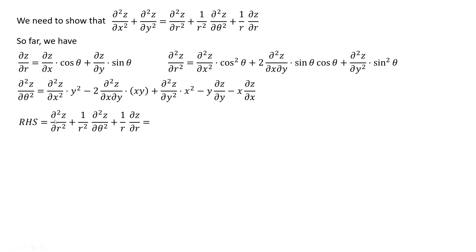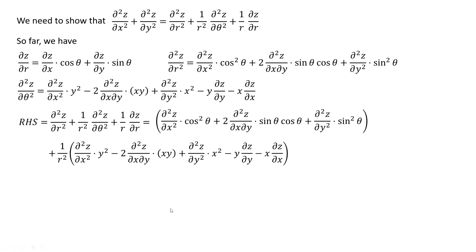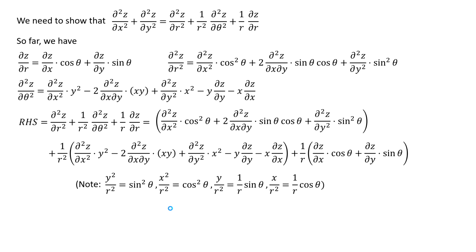So the right hand side, RHS is right hand side, is second partial z with respect to r, blah blah, and I'm going to plug things in. And when I do, my claim is that y square over r square is sine square theta.